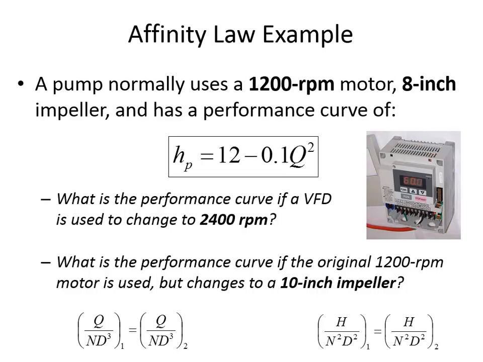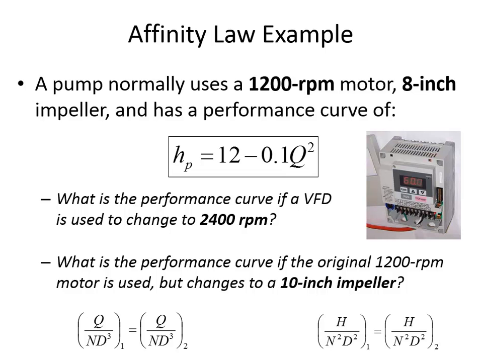Just an example of how problems like this work. If we had a pump that normally spins at 1200 RPM and it's got an 8-inch diameter impeller, and we're given the performance curve from the manufacturer, what if we use that variable frequency drive that I talked about last time, where you're actually changing the frequency of the electricity from 60 hertz to something else? What if you use a VFD to get that to spin at 2400 RPMs instead?